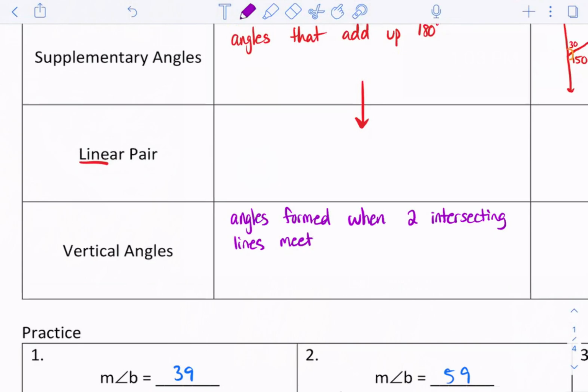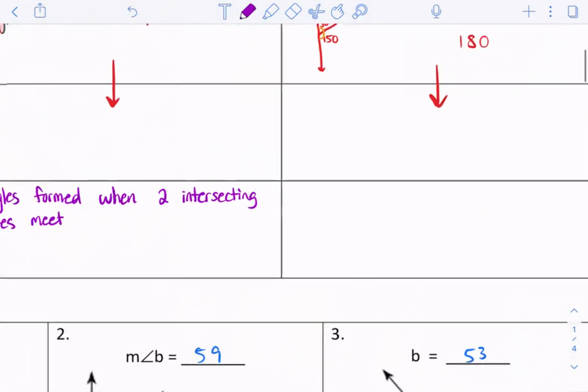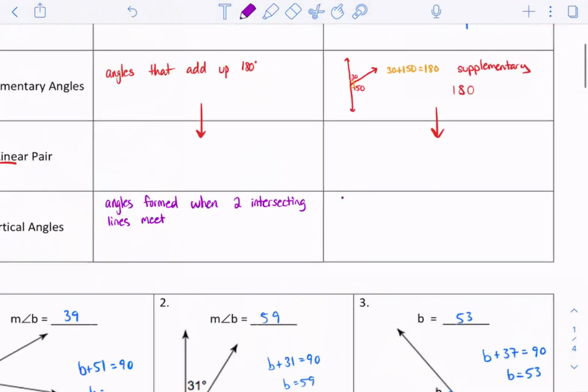So those are what vertical angles look like. So I'm going to give you an example here. So imagine we have one line going this way, and then we have one line going this way.